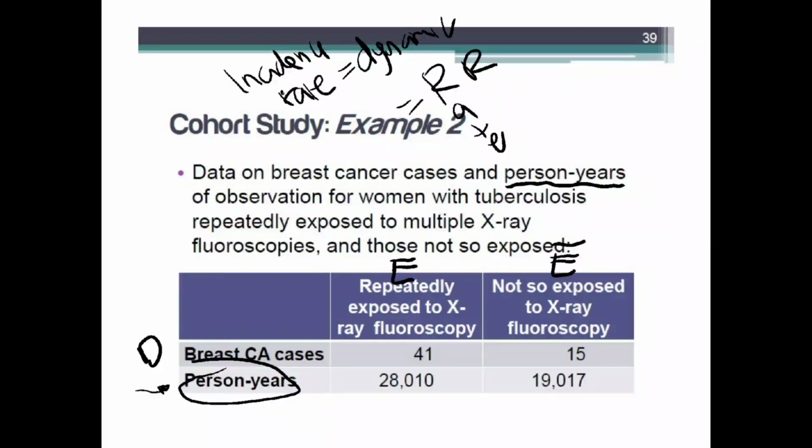Hindi mo na kailangan minus yan or plus. 41 divided by 28,010. 15 divided by 19,017. Yun na yung incidence rate mo among exposed. And then, yun na yung magiging incidence rate mo among unexposed. Yan.